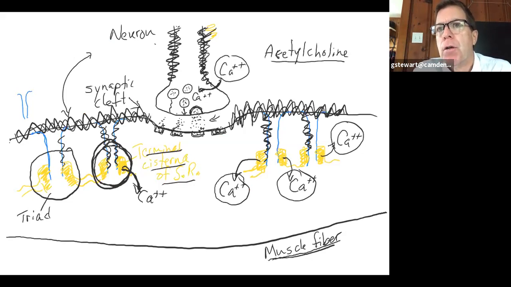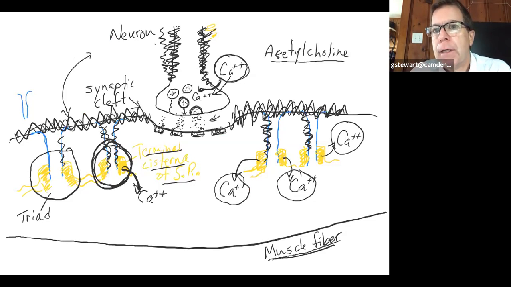So first, the nerve impulse, the action potential, travels down the axon. When it reaches the terminal end, it causes calcium ions to flow into the neuron. That causes a neurotransmitter, acetylcholine, that is stored in these vesicles to be released into the synaptic cleft.